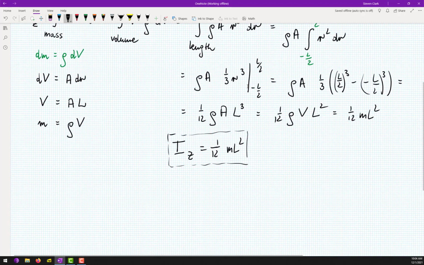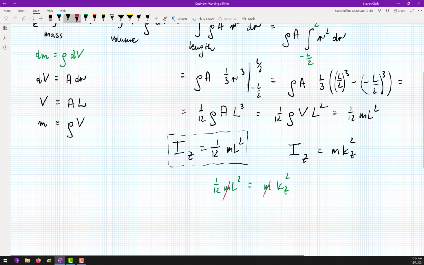So now radius of gyration. So our Iz is also equal to m kz squared. So we can just equate these two expressions. So we can write 1/12 mL squared is equal to m kz squared. M cancels out.